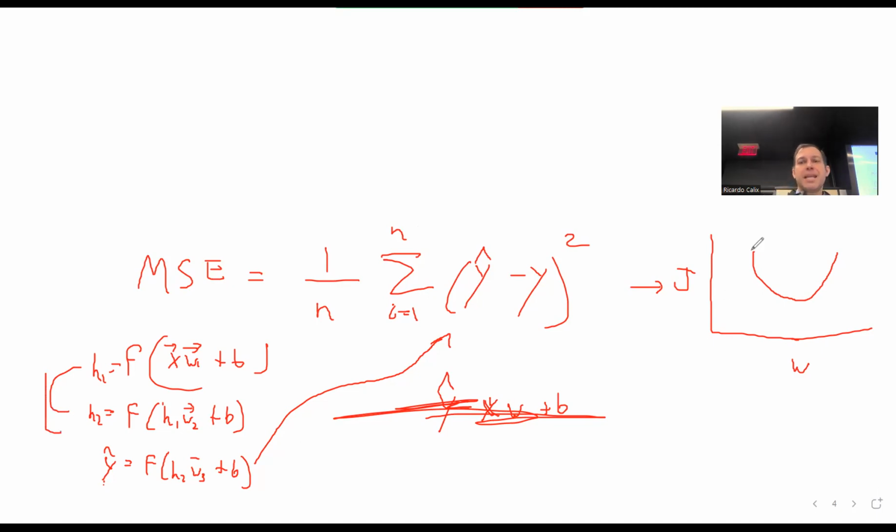The thing that makes it not bowl-shaped is the fact that you add multiple layers, and multiple layers create symmetry. So you can solve this problem by shifting the weights to one side of the network or symmetrically to the other side. What does that mean? You have two solutions there, possibly. Do you see that? It starts to create multiple options, and that's what makes non-convex problems. We'll come back to this idea, but I'll just throw it at you for now.